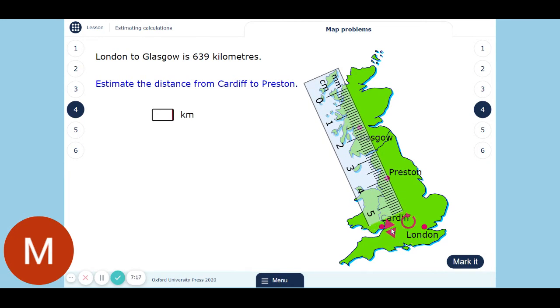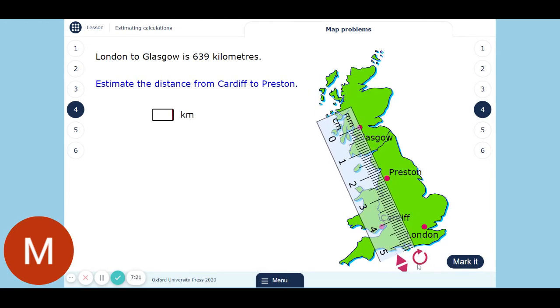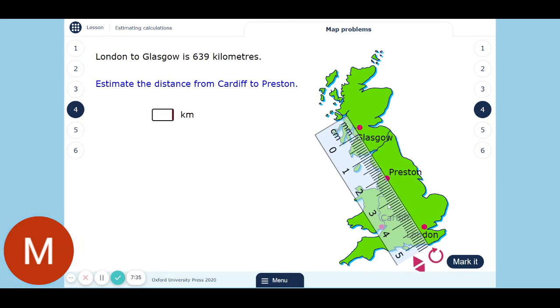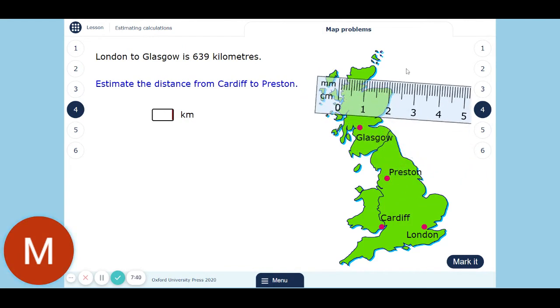Make it a little bit shorter. Put this on there. And then turn it around to London. You can see that that is about 5 centimeters for 639 kilometers. Let's find out how far it is from Cardiff to London.